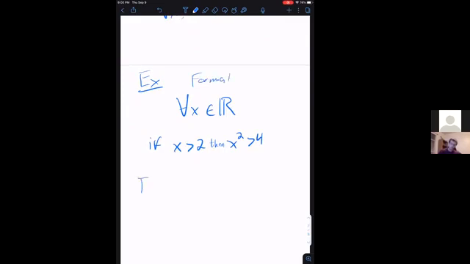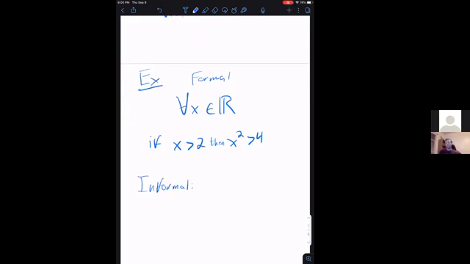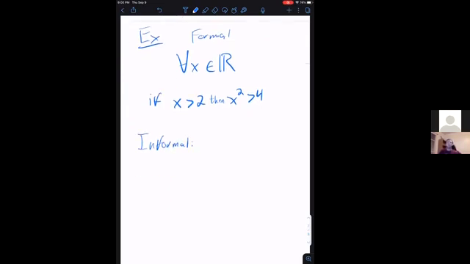What if I tried informal? What would that look like if I wanted to do informal? If I wanted to write this informally, there's a couple different ways I could do it. One of the ways is this: if a real number is greater than 2, its square is greater than 4.